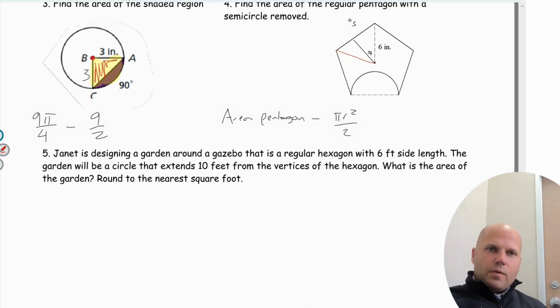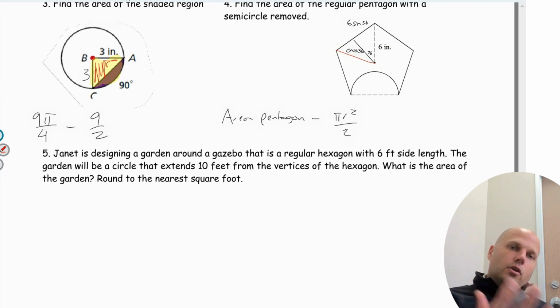We've done it enough that we know that this is 6 sine 36 and this is 6 cos 36. Whether you're scaling or you're using your ratios, you're good. That means this radius is 6 sine 36.